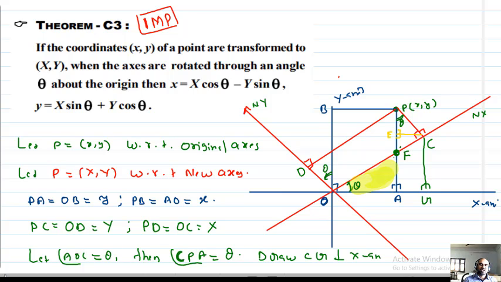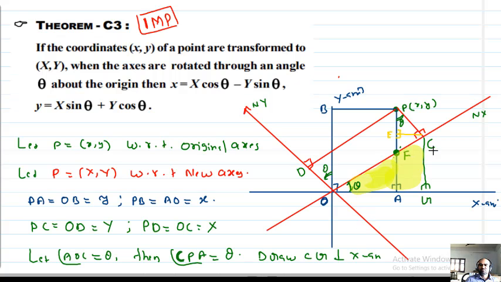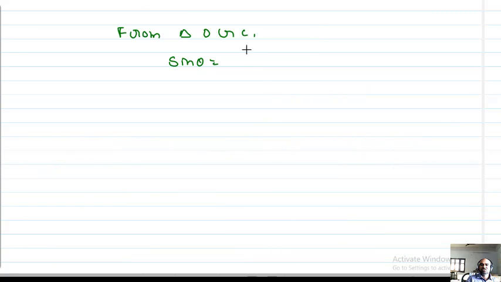First of all I will take this total triangle. What is the name? OGC. I will write separately. From triangle OGC, I will find sin theta and cos theta separately. Sin theta means CG by OC.